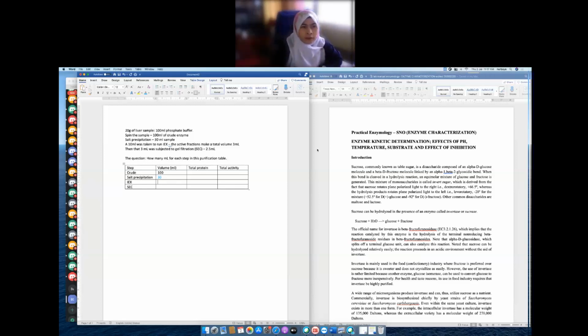We have from that 30 ml sample from the salt precipitation, so you run only 10 ml. From 30 ml, you run only 10 ml. So from that 10 ml, you got only 3 ml.